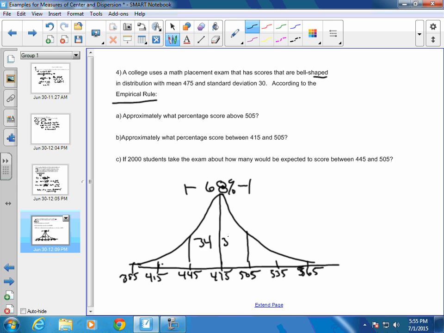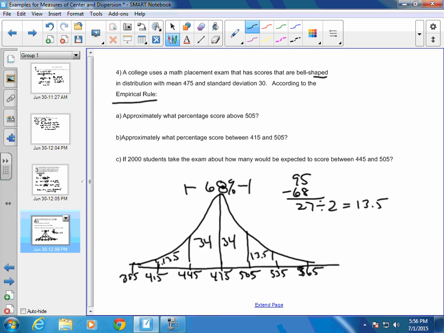So if I chop that 68 in half, we get 34% in each of those 2 sections. Next, the empirical rule said 95% of the data values appear within 2 standard deviations of the mean. So jumping from 1 standard deviation up to 2, we get an extra 27%. Again, it's symmetric, so if we divide that by 2, it's 13.5. So we should expect 13.5% of the data values to be in each of those 2 chunks.